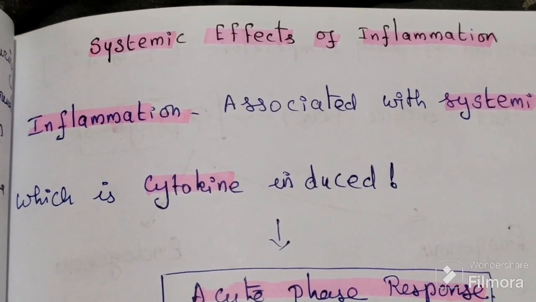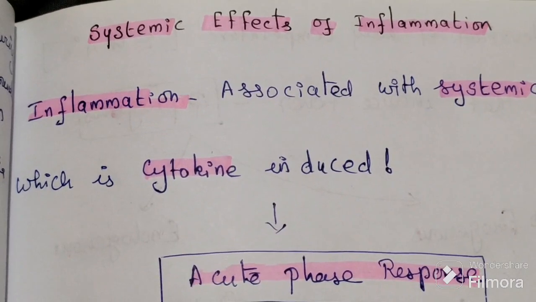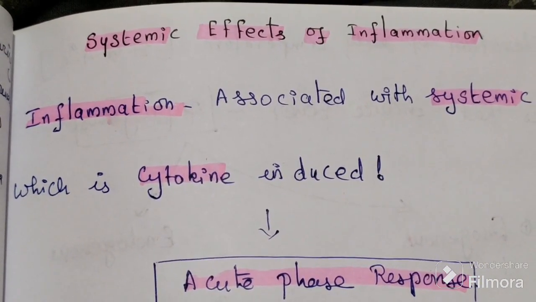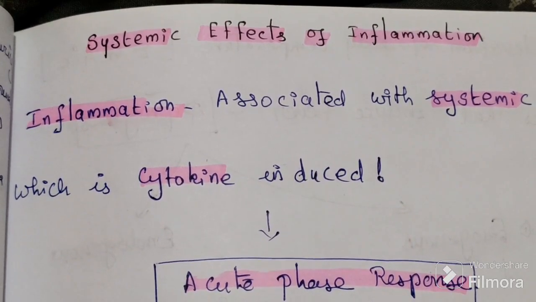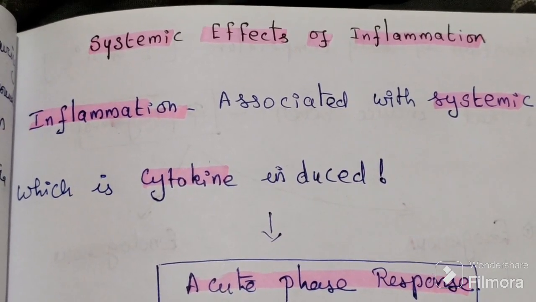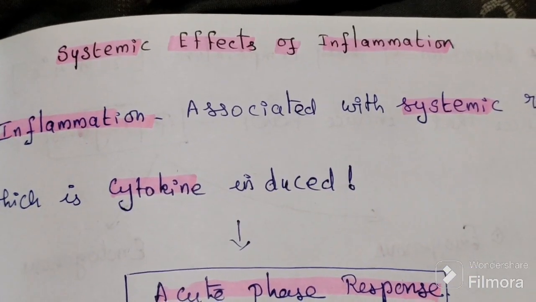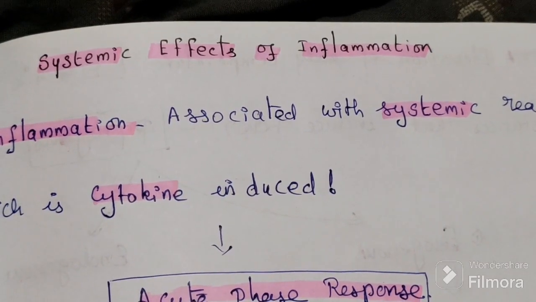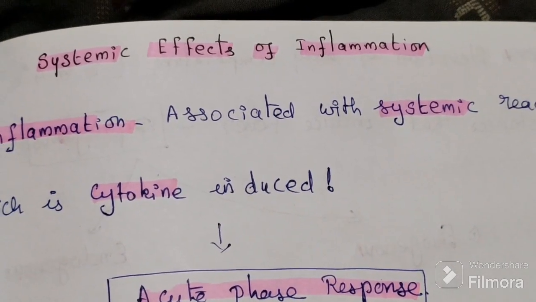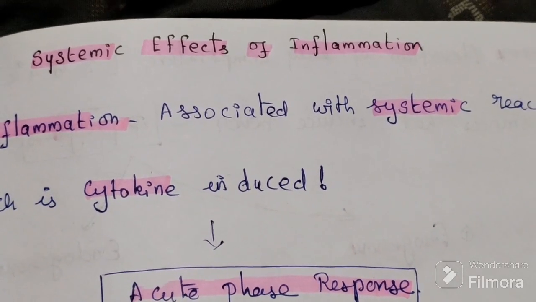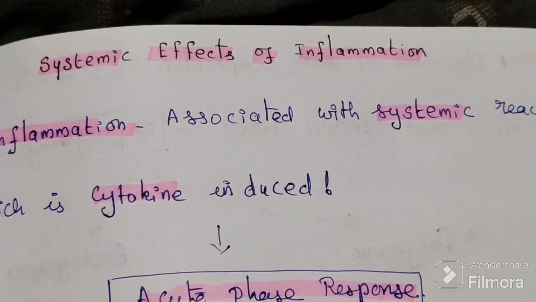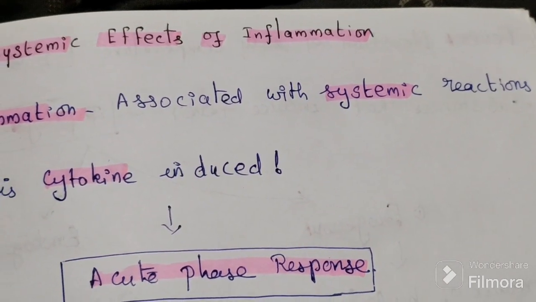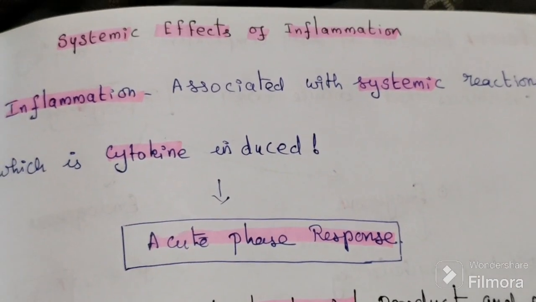Today's topic of discussion is the systemic effect of inflammation. We need to know that inflammation, even if it is localized, is usually associated with a systemic reaction which is cytokine induced.